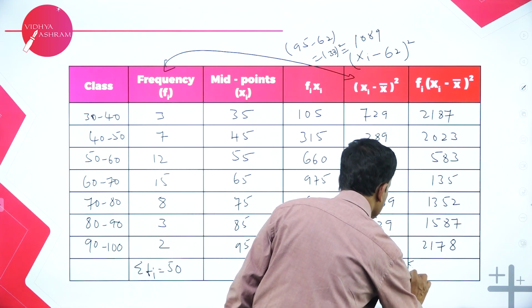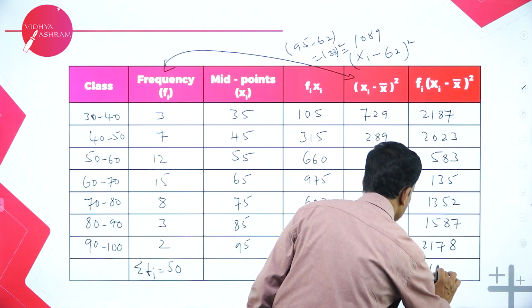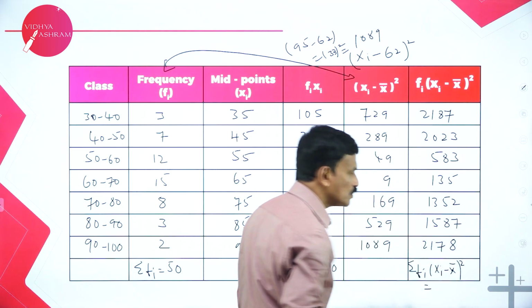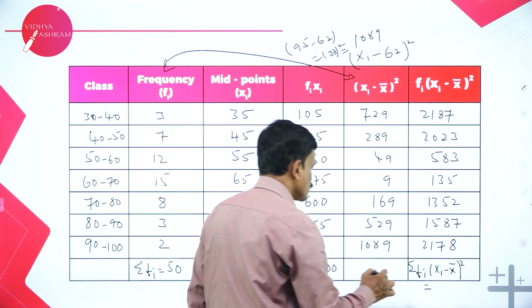Now add this. Sigma fi into (xi minus x bar) whole square is equal to 10050.